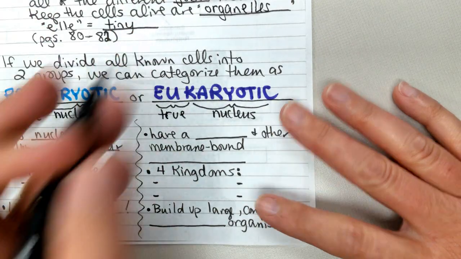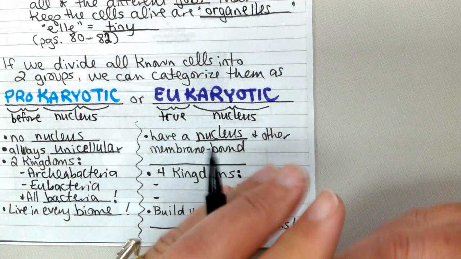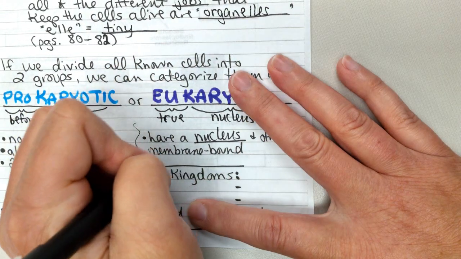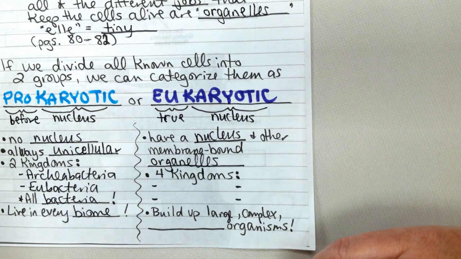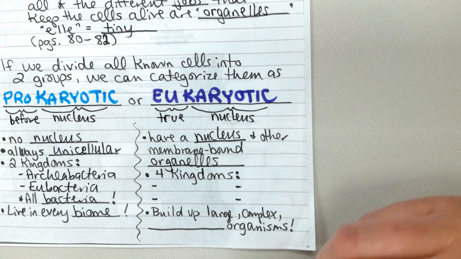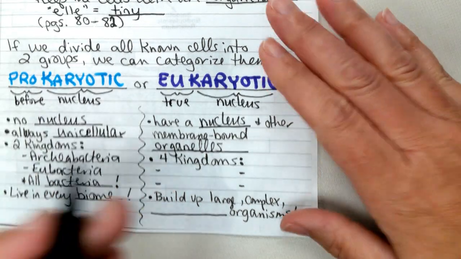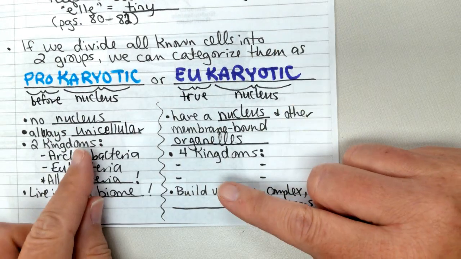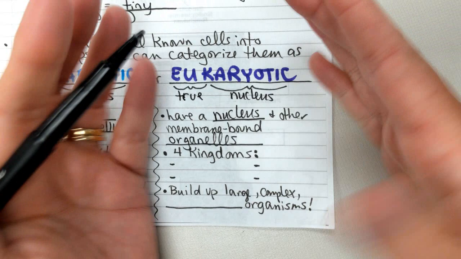Okay? Prokaryotes. Eukaryotes have a nucleus and all the other stuff, the membrane-bound organelles like mitochondria, chloroplasts, Golgi apparatus, endoplasmic reticulum, all that kind of good stuff. And we only have 6 kingdoms, archaeobacteria, eubacteria, and then the other 4 kingdoms are all eukaryotic.